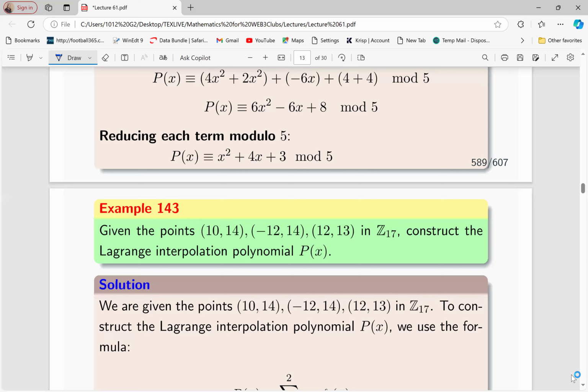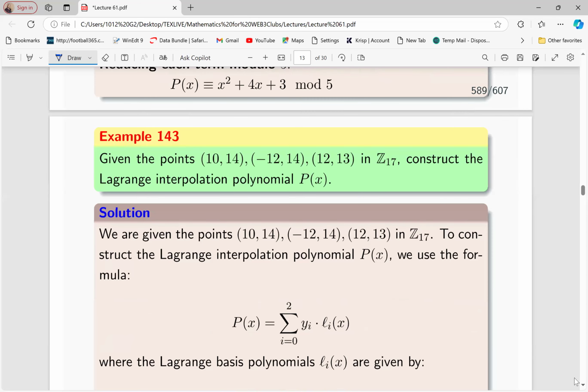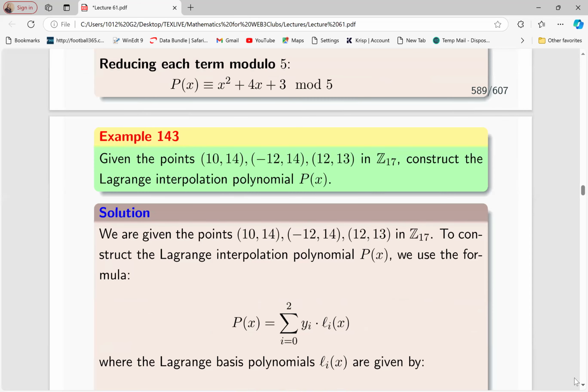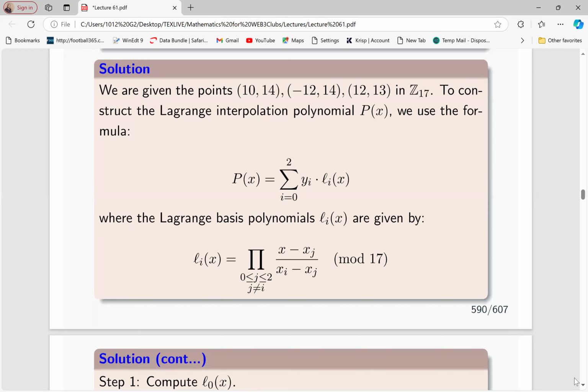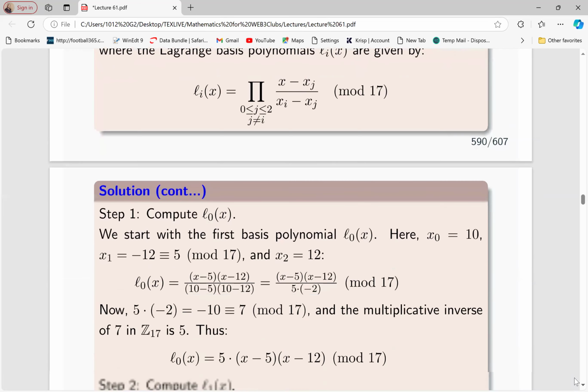I will not do this example because we're just using the same steps.